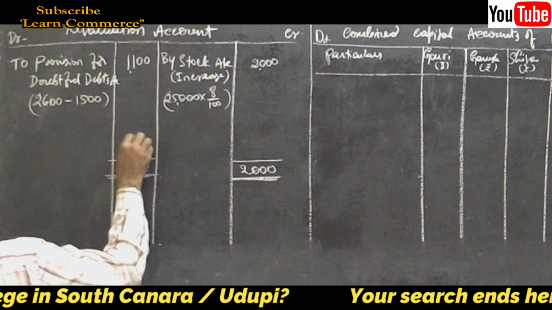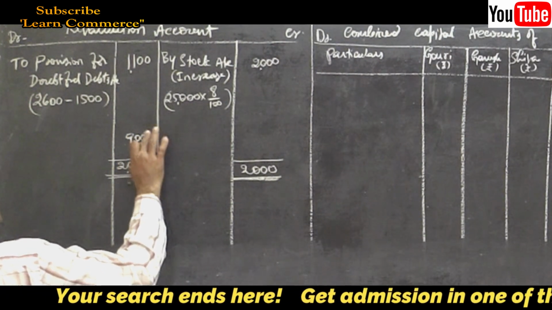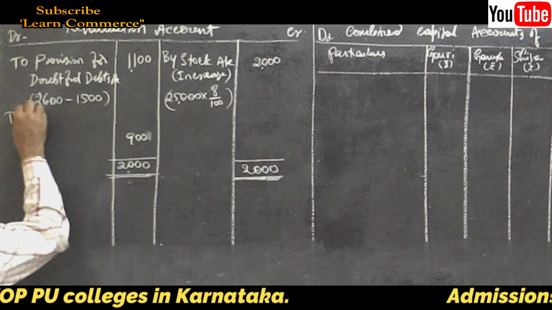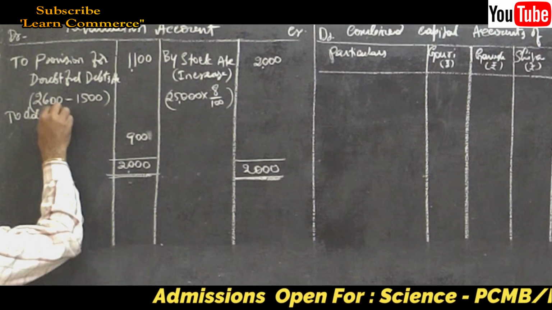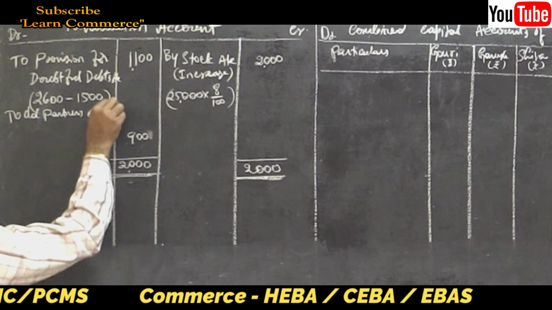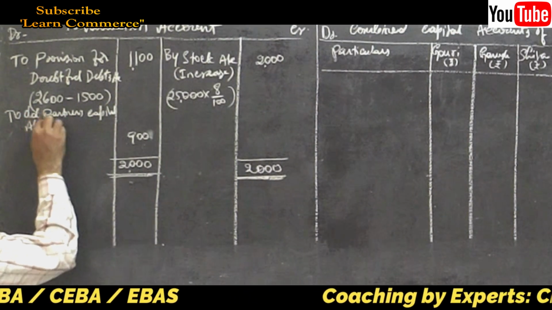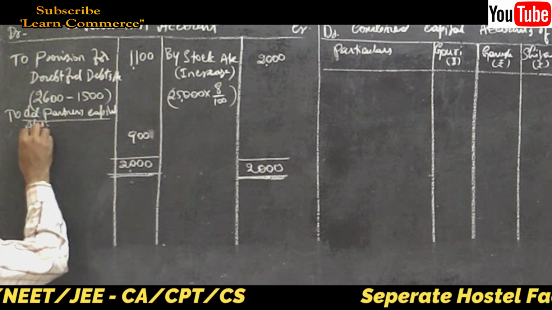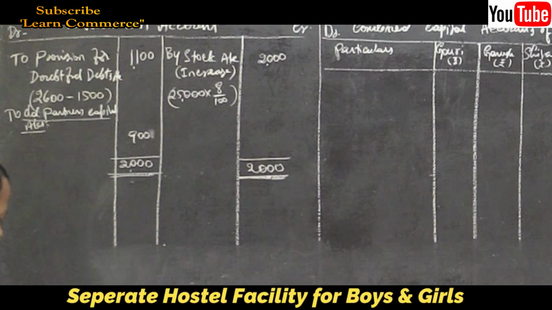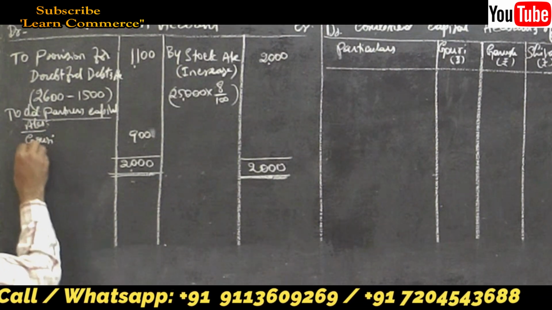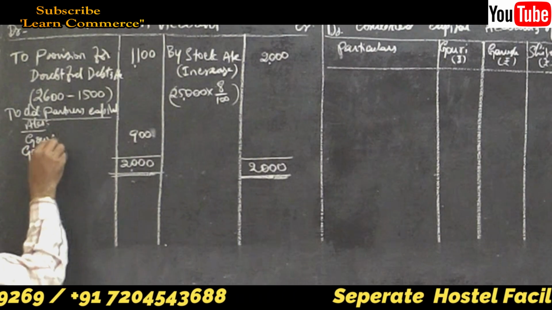900 is the difference. Distribute it among the partners, old partners only, to the old partners' capital accounts, Gauri and Ganesh.